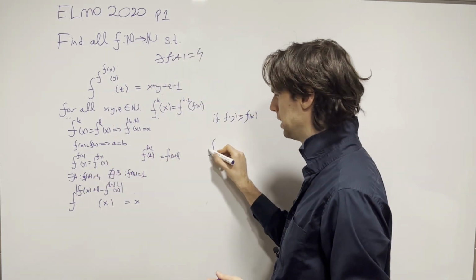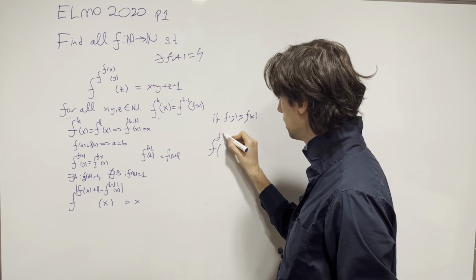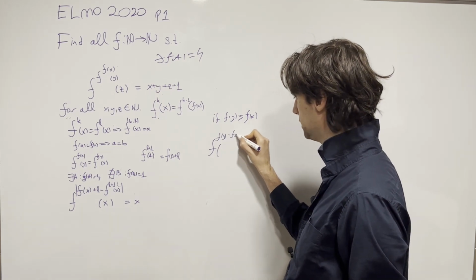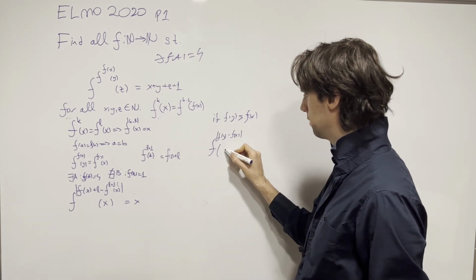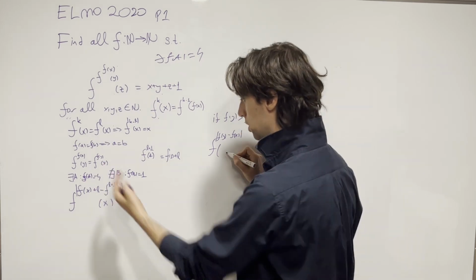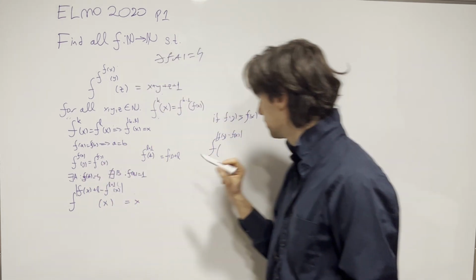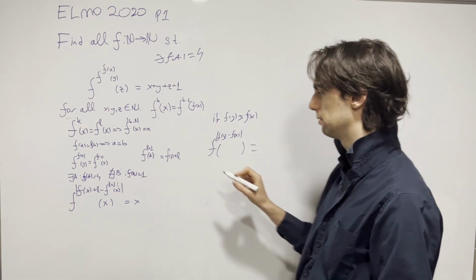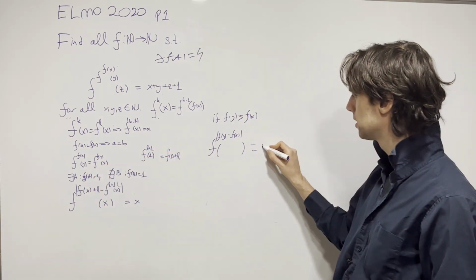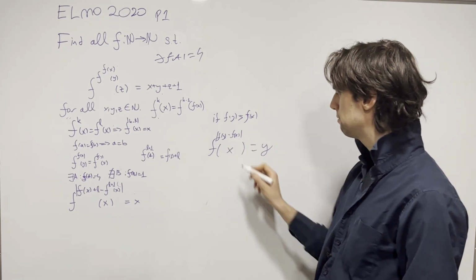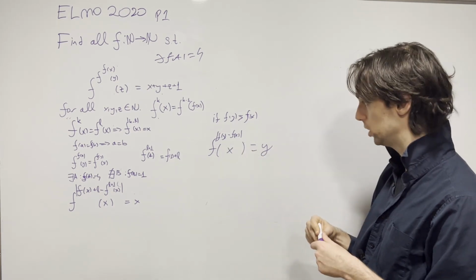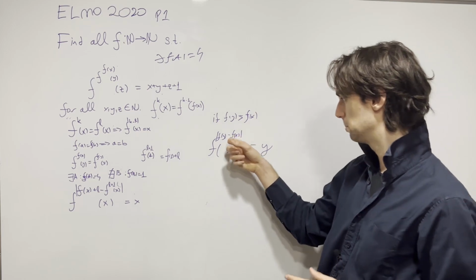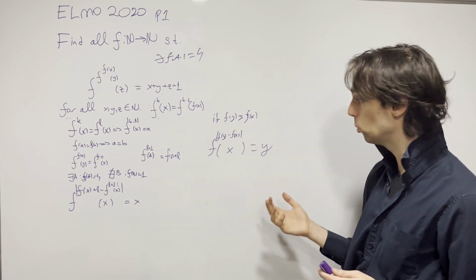And then we'll have f of y minus f of x in the absolute value of what? Here the thing is that we're going to be left with a y, and then f of x applied this many times is going to equal y.